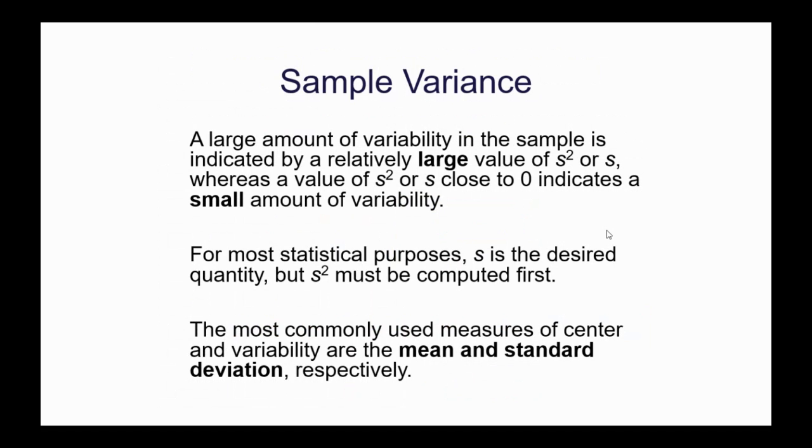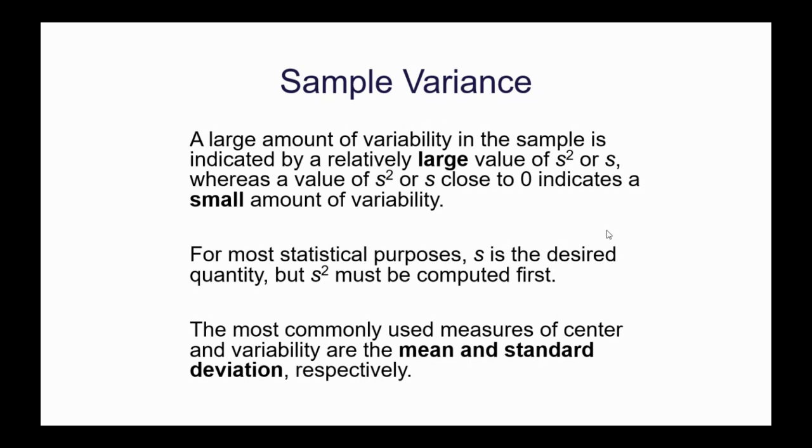So a large amount of variability in the sample is indicated by a relatively large value of S squared, or your standard deviation. So if you have a lot of variability, then you're going to have a large variance.